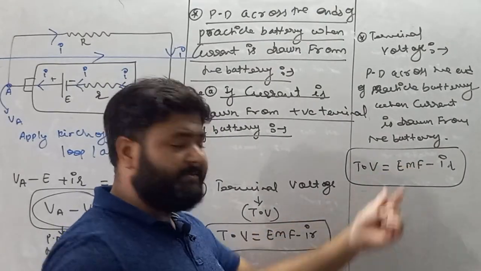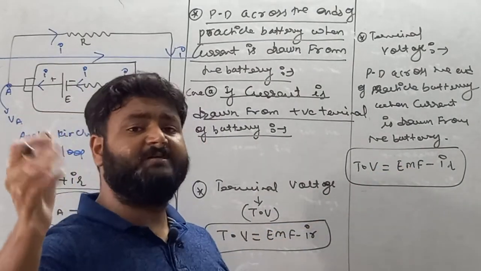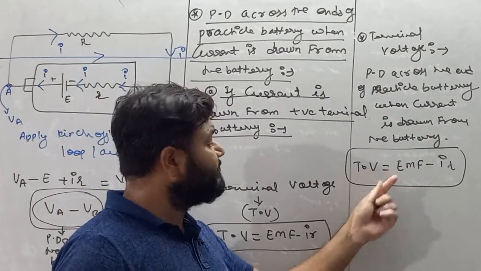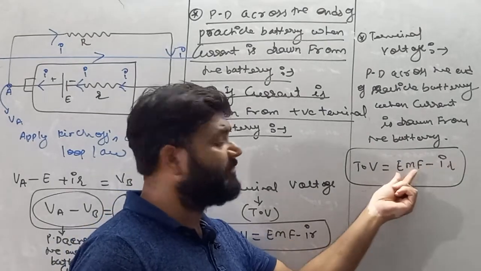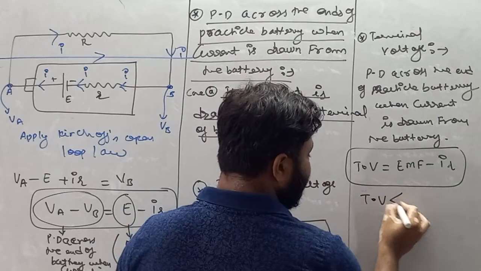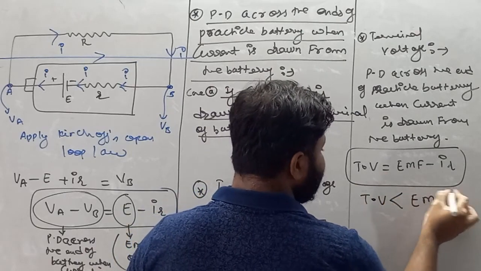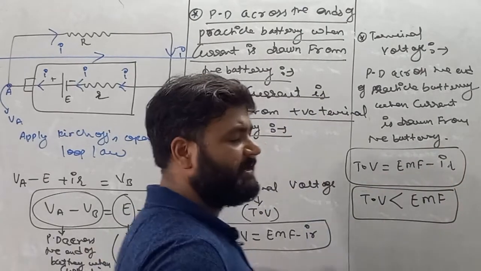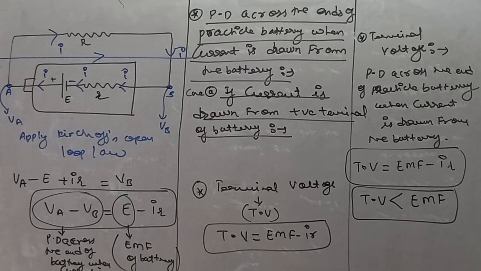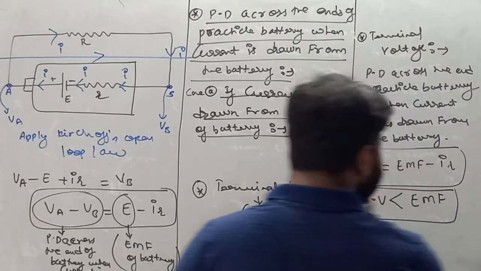See, EMF itself is E, which is equal to the potential of the terminal of the battery, and terminal voltage comes when we subtract IR from EMF. So remember, in this situation terminal voltage is less than EMF.